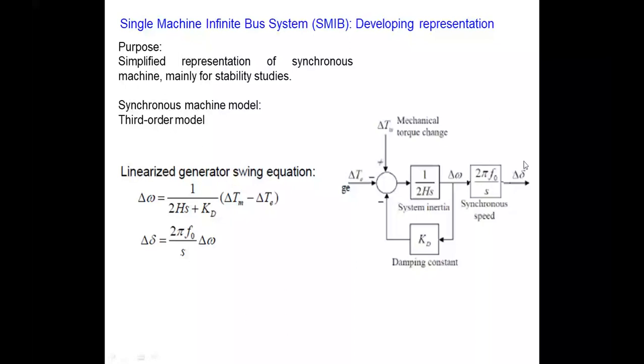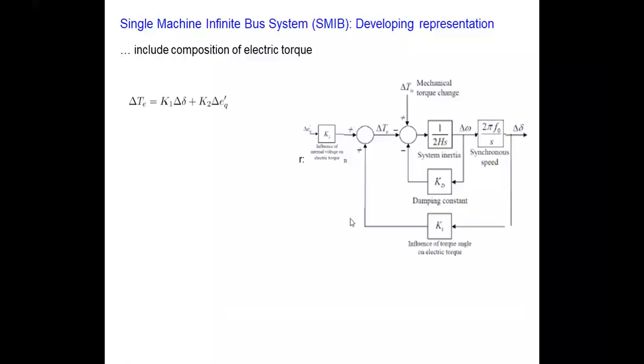The difference of the mechanical torque and the electromagnetic torque is the change in the power, which results in the accelerating power in the swing equation. So this is the accelerating torque or accelerating power. And then we move to the next one.